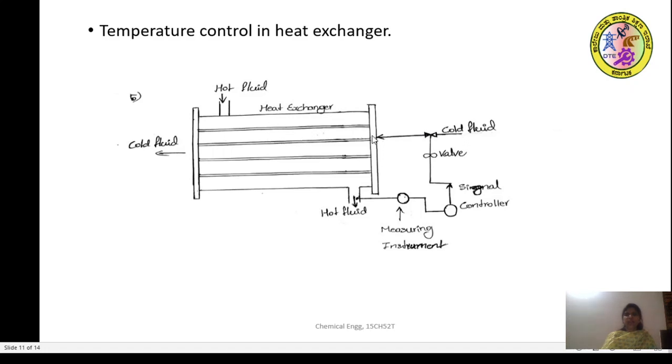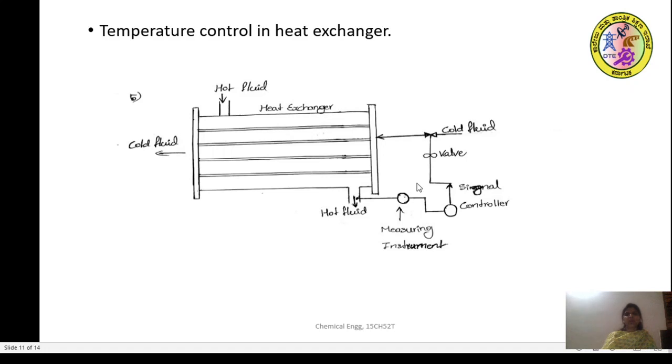The temperature of the hot fluid is being measured. Here you can see the measuring instrument and the controller.